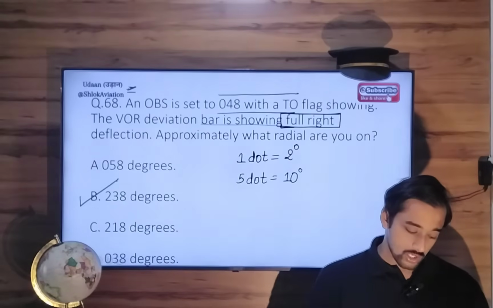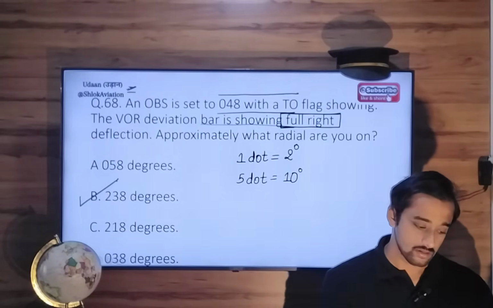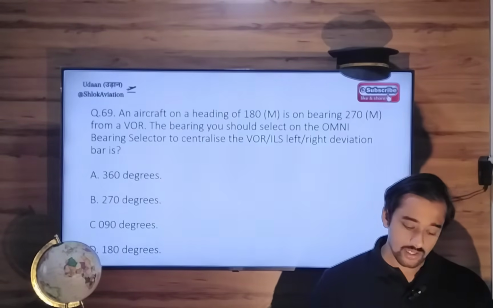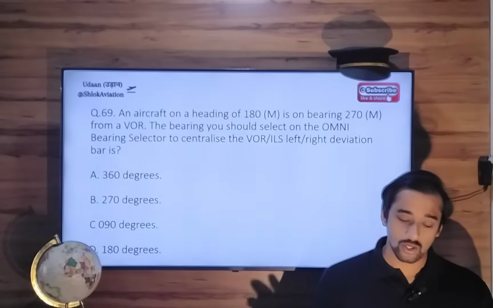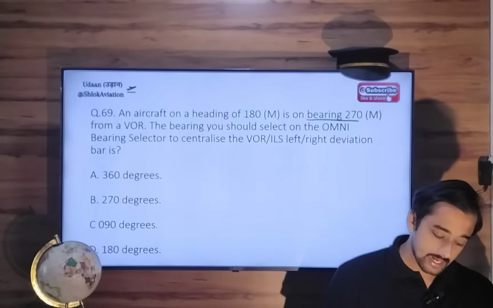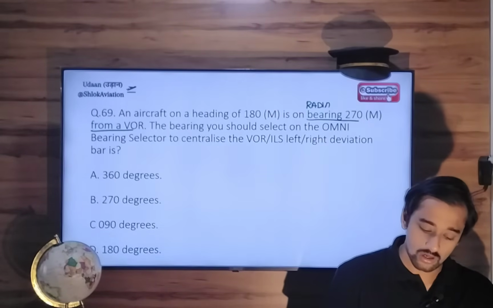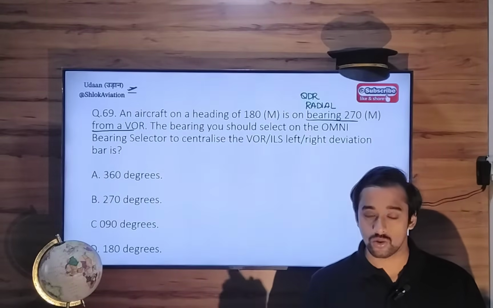Let's go to question number 69. Aircraft is on a heading of 180 magnetic on a bearing of 270 from a VOR. Magnetic bearing from a VOR means the aircraft is on radial 270 or QDR 270. So if QDR is 270, QDM is 090.